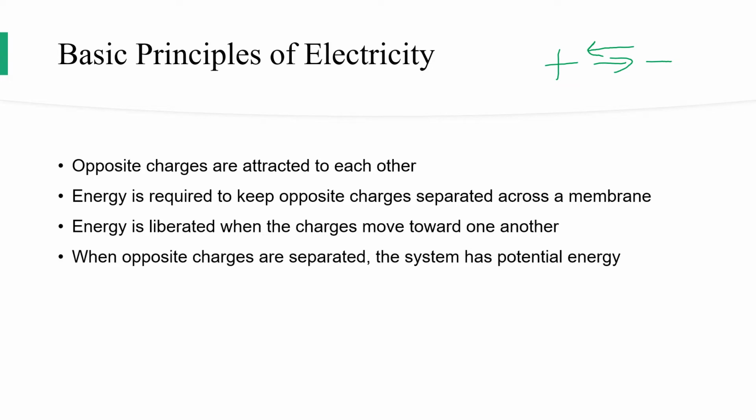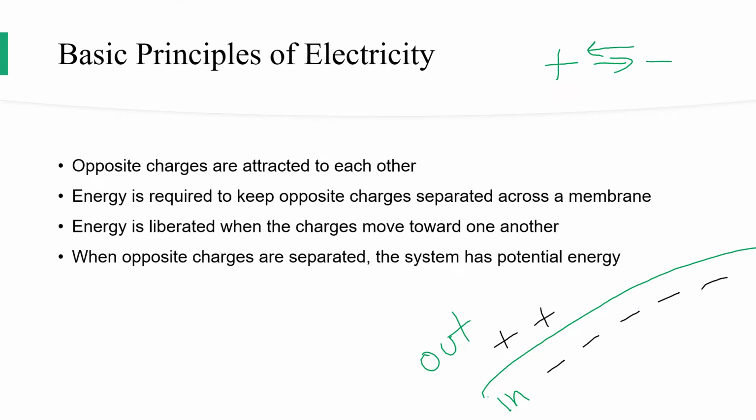Now, when you have different charges on opposite sides of a membrane, so if we have a membrane, and let's just say this is outside, and this is inside, and inside you have a net negative charge, so I'm going to draw negative signs, and on the outside you have a net positive charge, you are going to require energy in order to keep them separated across the membrane.